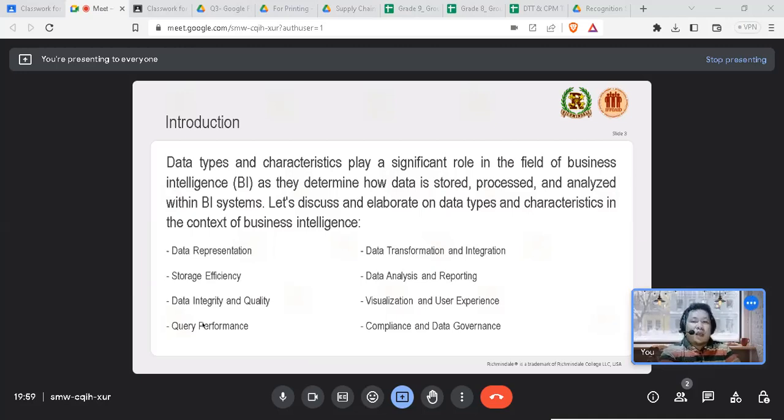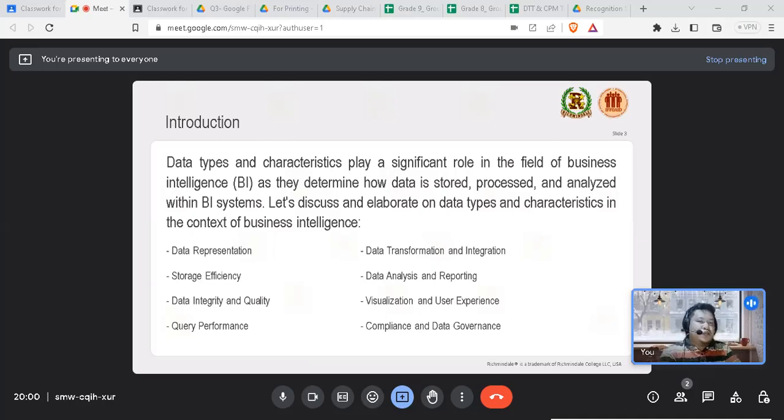Next is query performance. Data types impact the performance of data retrieval and analysis operations in a business intelligence system.